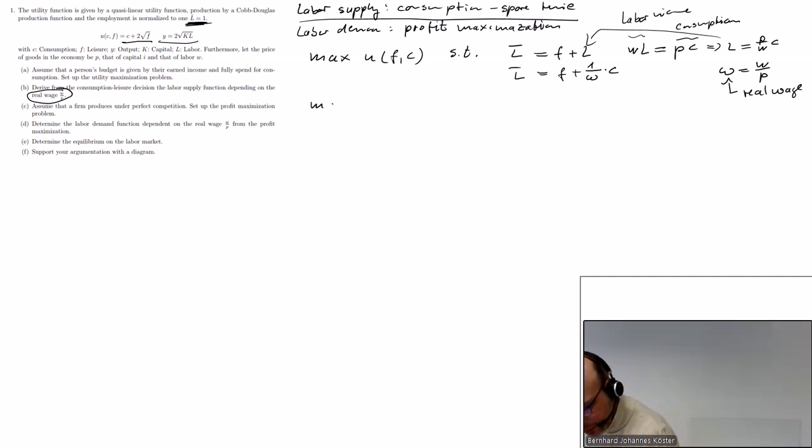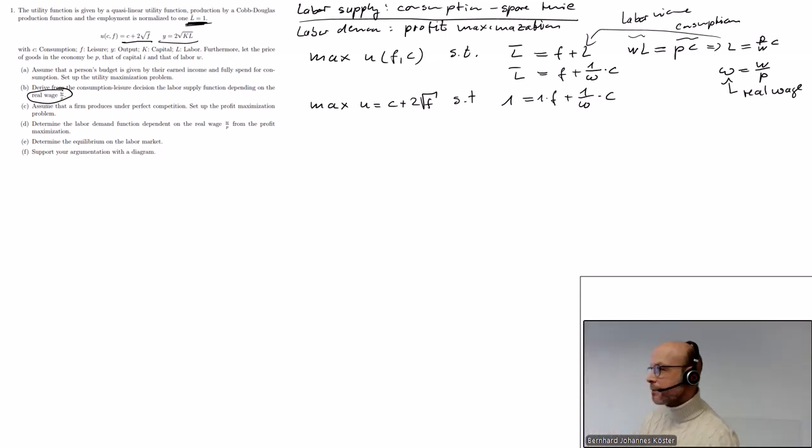So what we have to do is maximize U equals C plus 2 times square root of F, subject to 1 equals 1 times F plus 1 over omega times C. And I use this representation so that you hopefully can recognize that it is totally similar to the household optimizing problem which you have done in microeconomics.